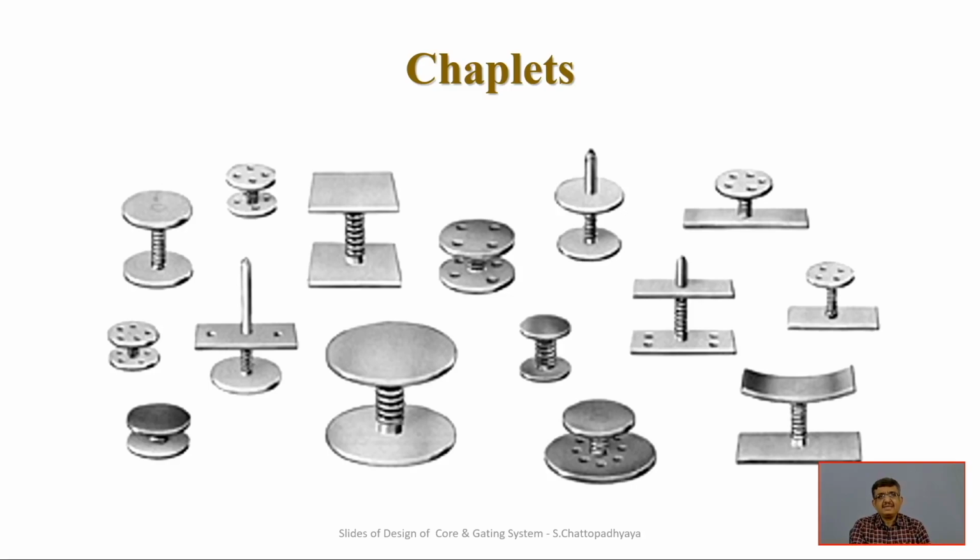In the next slides, one can see these chaplets. Chaplets are made of a very thin sheet type of metal, maybe a blunt product, and they can specifically withstand the support of the core, and it will be self-sacrificial. They will also melt away, not causing any problem in terms of the characteristics of the molten metal.